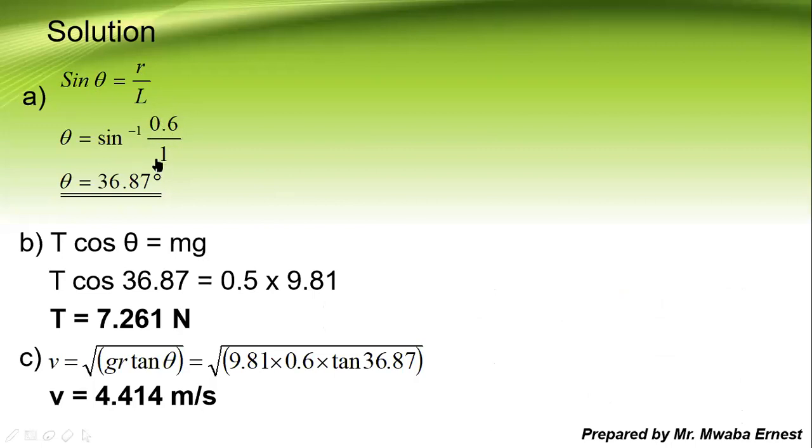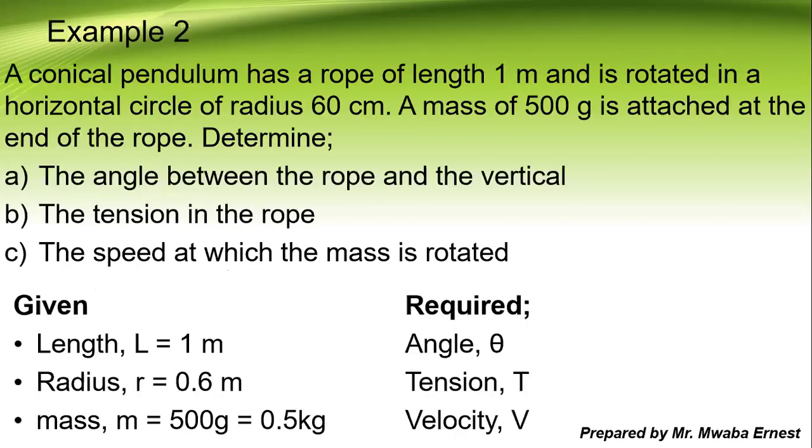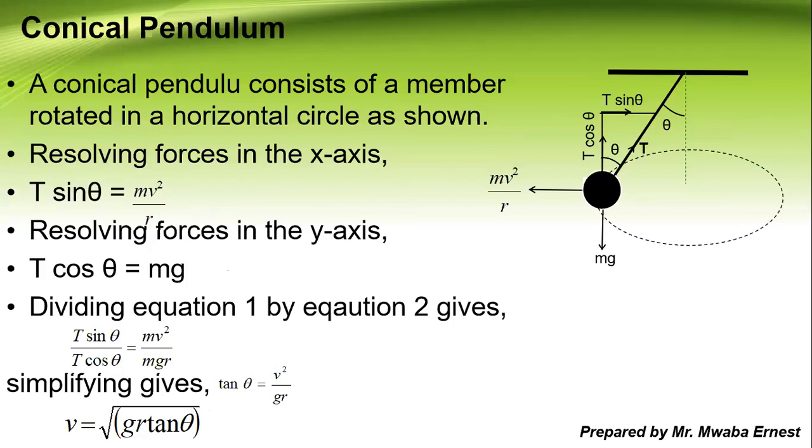Meaning theta is sine inverse of the radius over the length. The radius is 0.6 meters, the length is 1 meter. When you punch this in your calculator, that is what you're going to find, which is 36.87 degrees as your angle. Then T cos theta is equal to mg. Where are we getting this from? This one is simply coming from this resolution we made here.